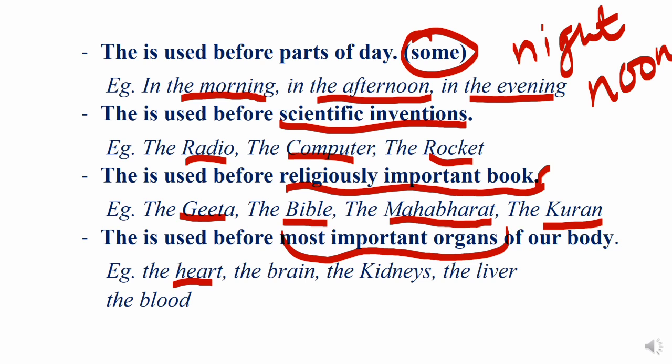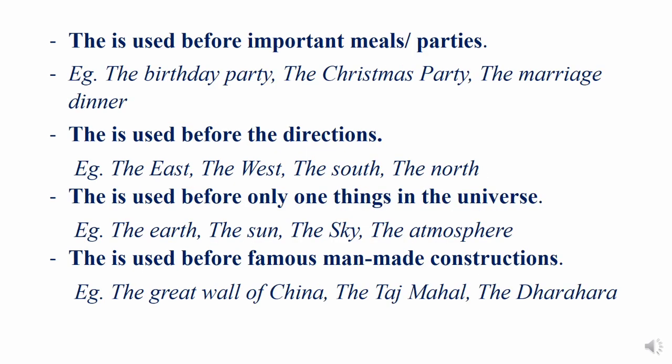So the heart, in the same way the brain, the kidneys and the liver. You can also name the blood. These are very important organs of our body, in the absence of which we cannot survive. Let's go to the next rule.